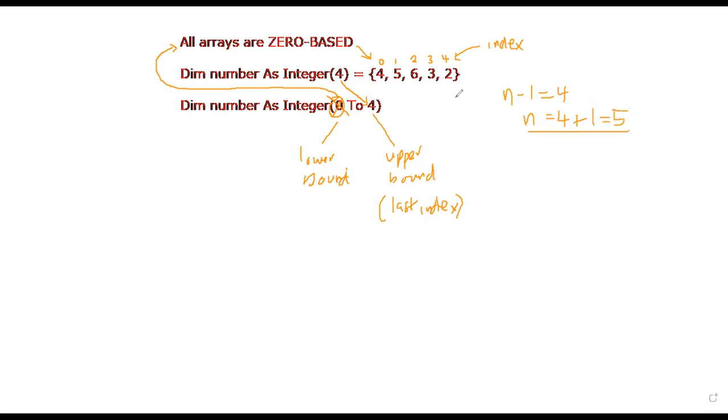Okay, so that's how come in VB.NET we put in the upper bound value when we are declaring the array. That doesn't mean the array has that number of values, but you add 1 to it to be able to tell the size of the array. Please, are we all here? I hope that is well explained.